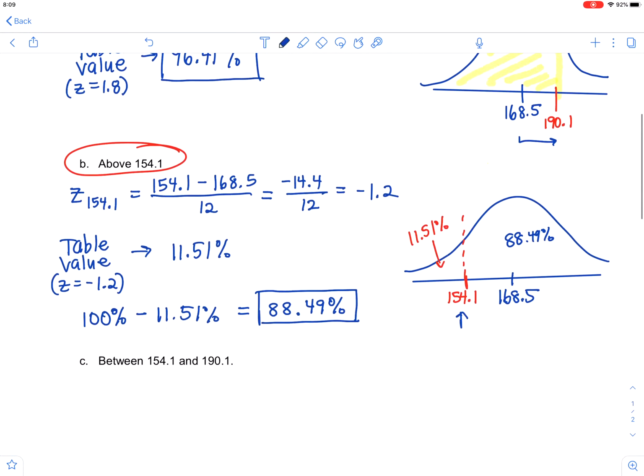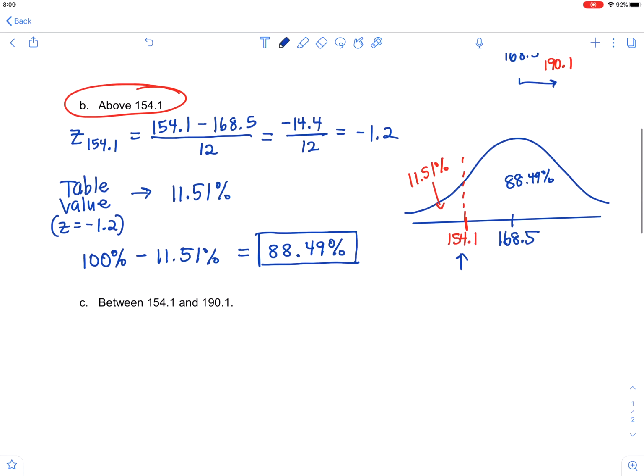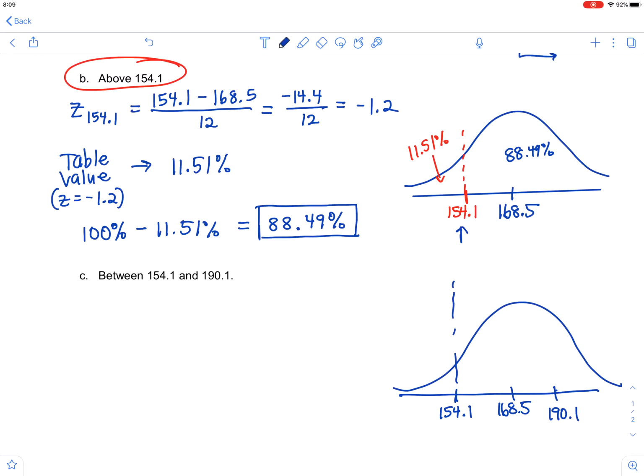The z-score for 154.1 was negative 1.2, which gave us the table value of 11.51%. So we have the 168.5, the 190.1 over to the right, and the 154.1 to the left. And we're trying to figure out the percentage between those two values. What's here?